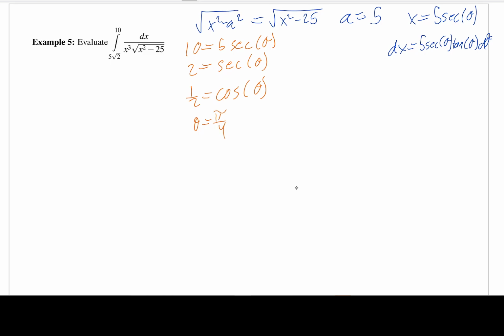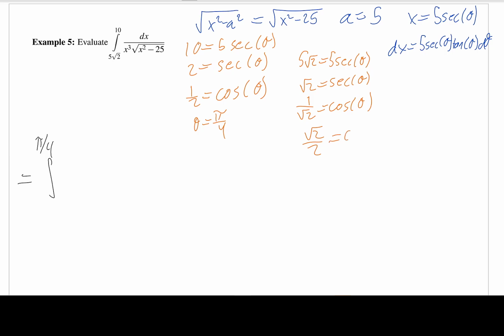So that will replace our upper limit. So we're going to have the integral. So it becomes our upper limit. Then for our lower limit, we should have 5 root 2 is equal to 5 secant theta. So that tells me that square root 2 is going to be equal to secant theta, which means that 1 over square root 2 is equal to cosine theta, which means that square root 2 over 2, right, I'm multiplying by square root 2 on top and bottom of the left-hand side, is equal to cosine theta.